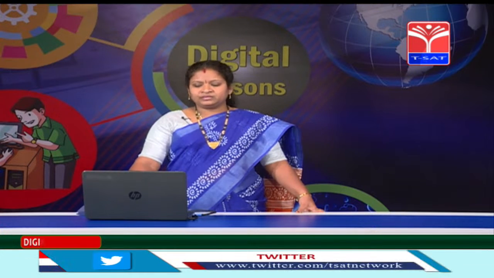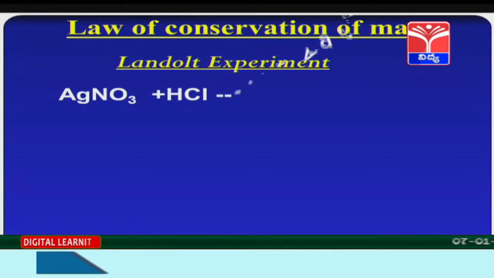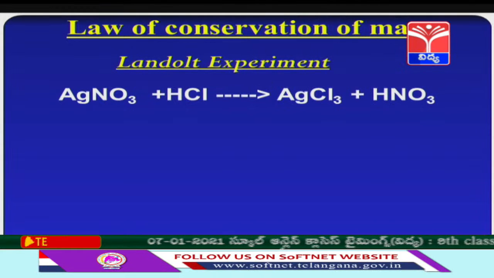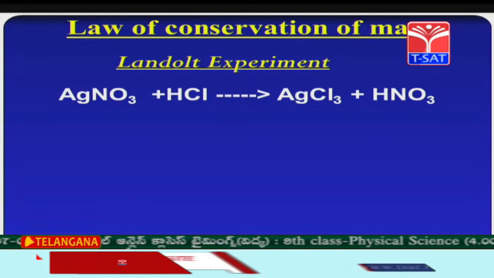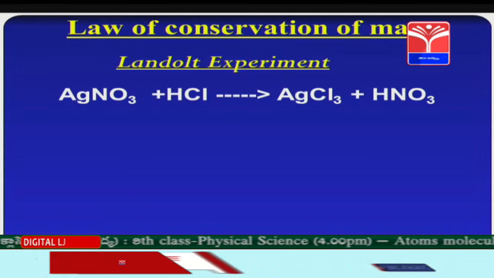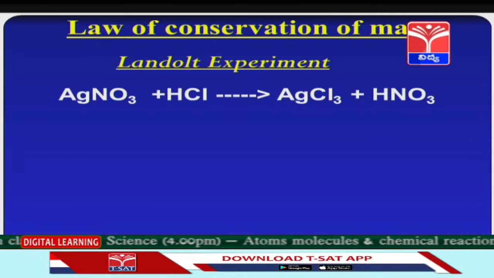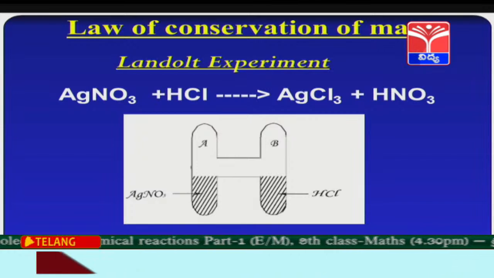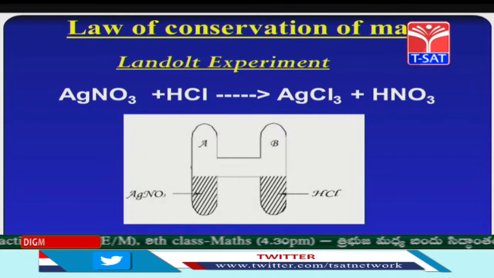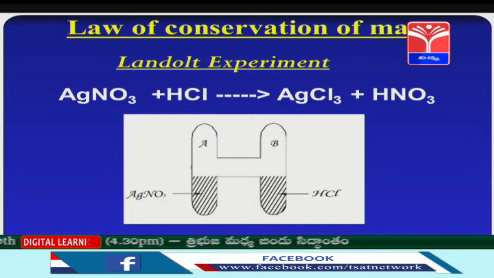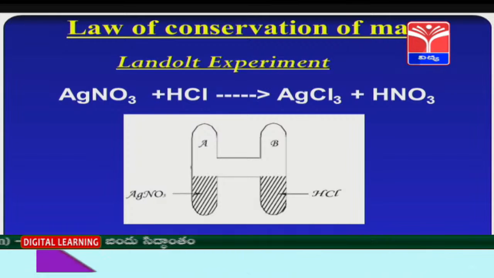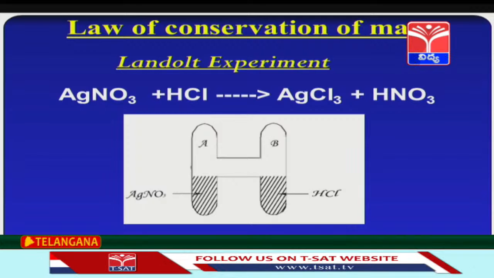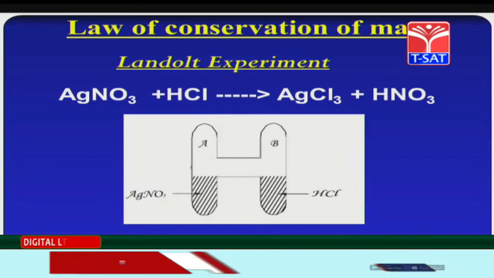Let us see one example which was done by Landolt. According to Landolt, when silver nitrate and hydrochloric acid react with each other, silver chloride and nitric acid are formed. He took two test tubes which were connected with each other, test tube A and test tube B. In test tube A, he took silver nitrate and in test tube B, he took hydrochloric acid.